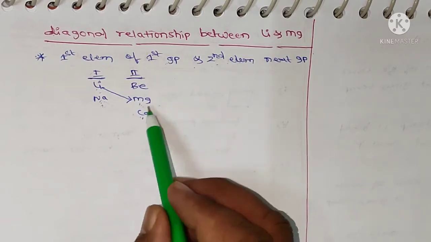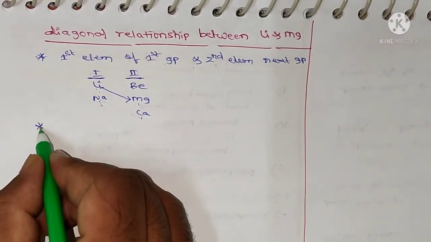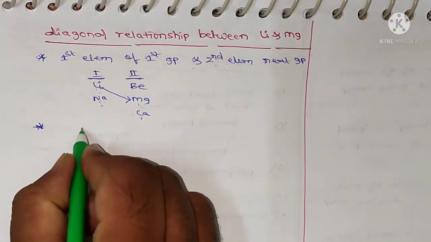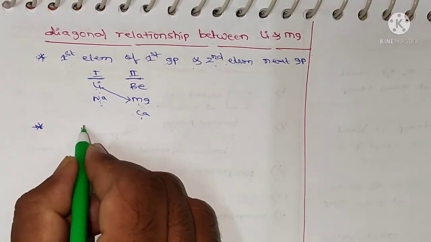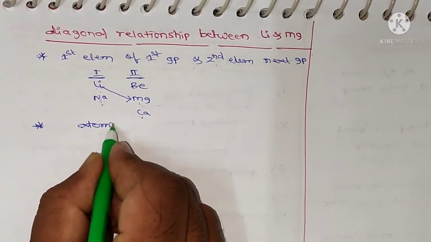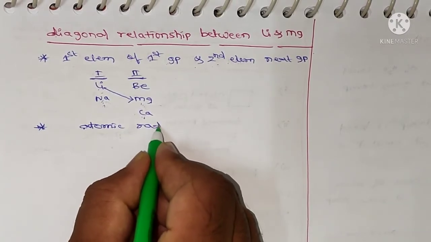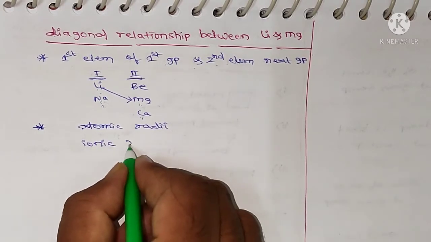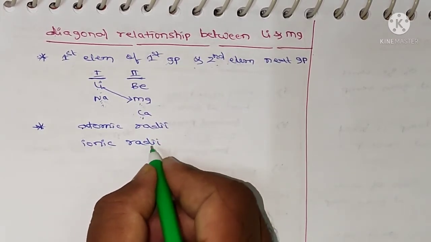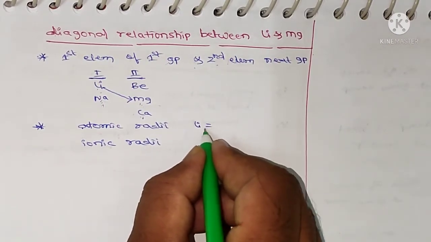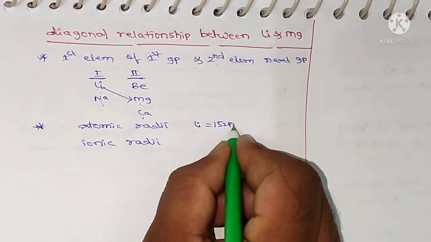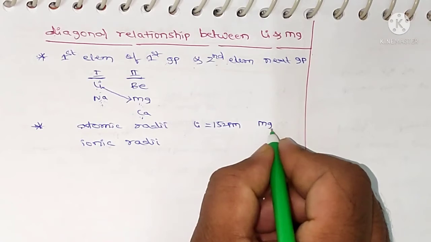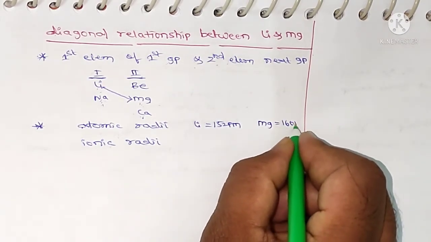So the reason for diagonal relationship is having the same size. For example, I am taking atomic radii and ionic radii. So here the lithium atomic radius is 152 picometer and magnesium atomic radius is 160 picometer.